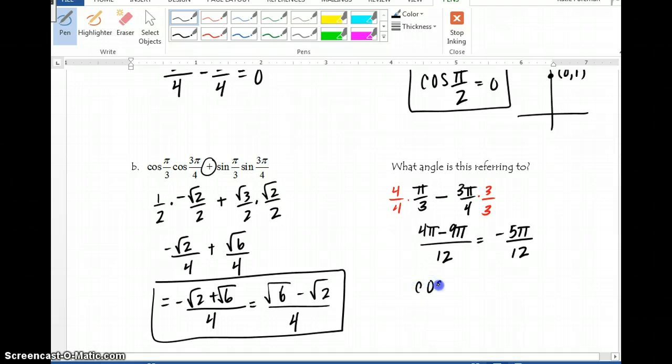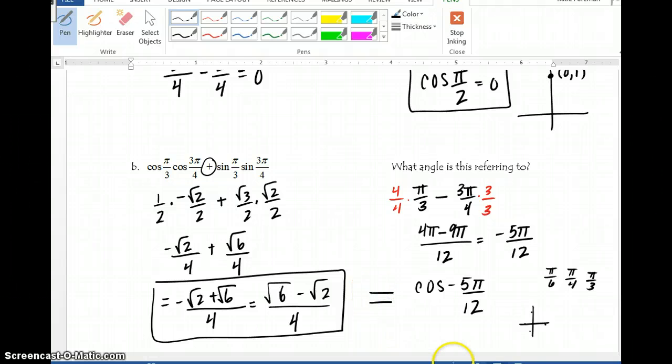So this found for us the cosine of negative 5 pi over 12. Now notice that this fraction cannot be determined from the exact value chart, nor can we find any values from the unit circle. So what these new expansions enable us to do is to find the exact value of unknown angle measures.